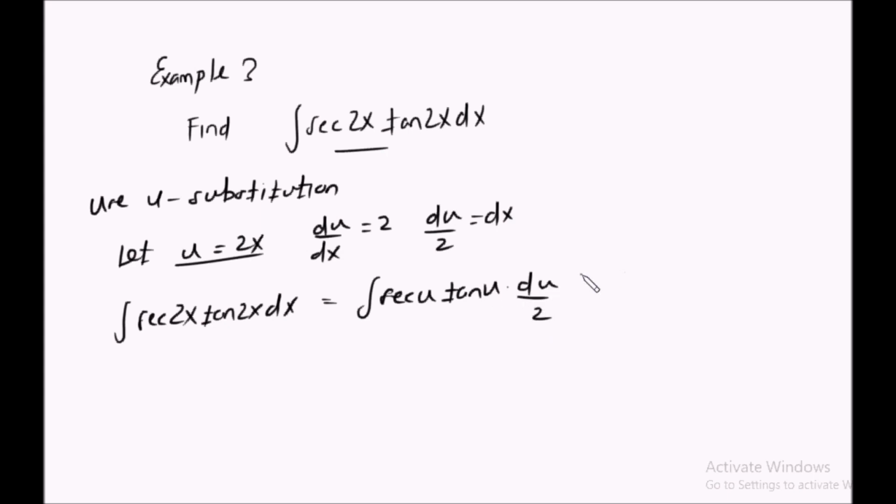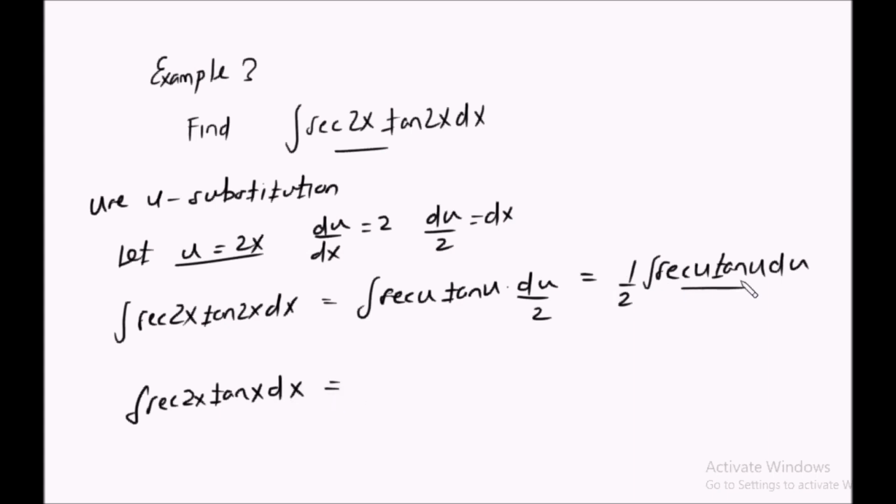So these two ni constants, naweza nikatoa nje, so it's 1 over 2 sec u tan u du. So hii tumeintegrate muda si mrefu, jibu lake ni sec u plus c.